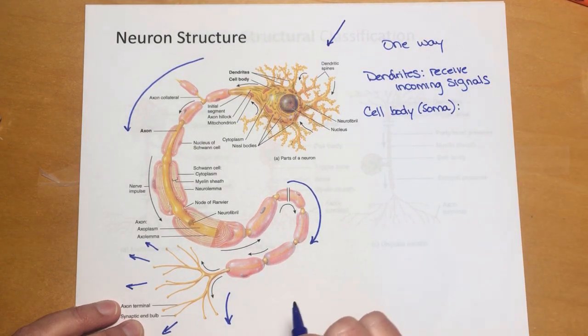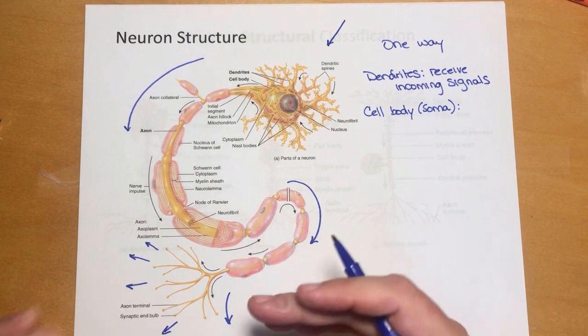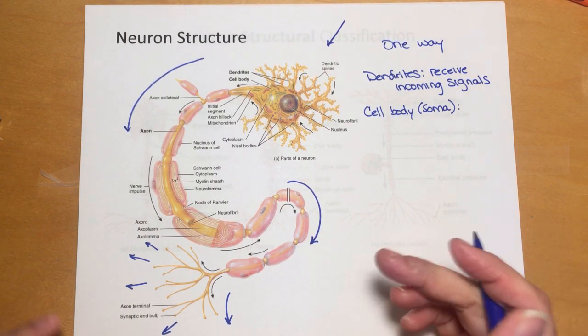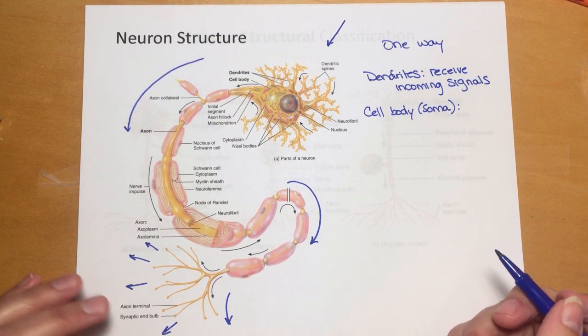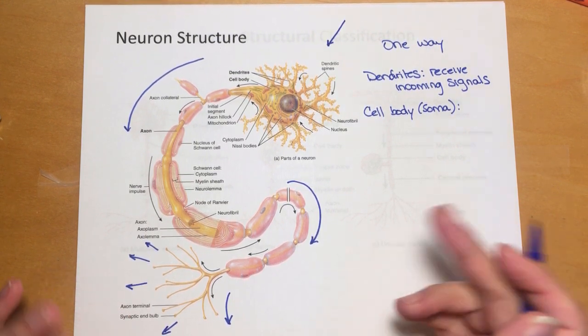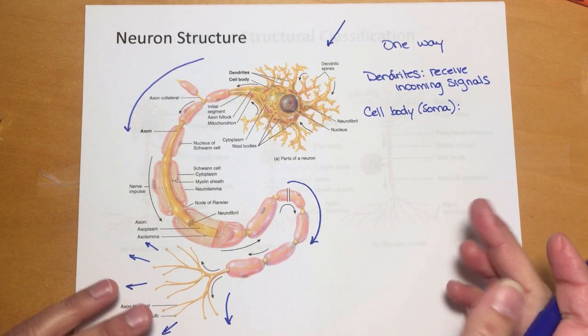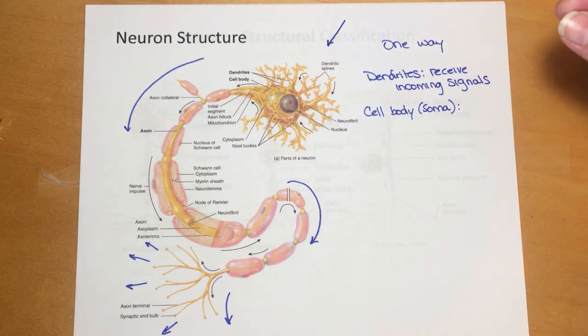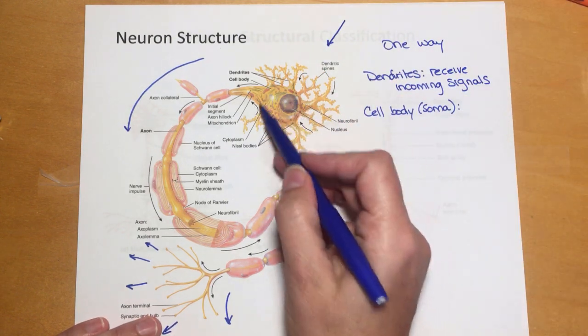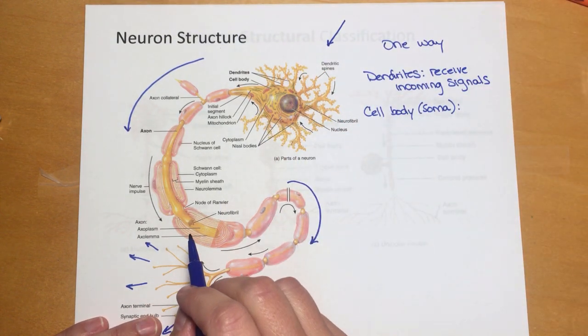And this is the area of the neuron where all the general cell stuff happens. This is where the nucleus is. This is where the rough and smooth endoplasmic reticulum are, where the cytoplasm is. All that stuff is still in a neuron. It's just been sort of squeezed so it's long. So you can see the cell body right here.